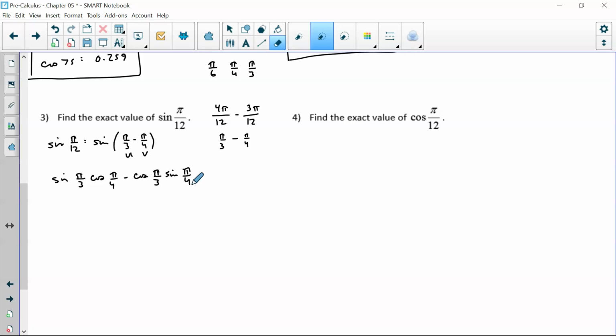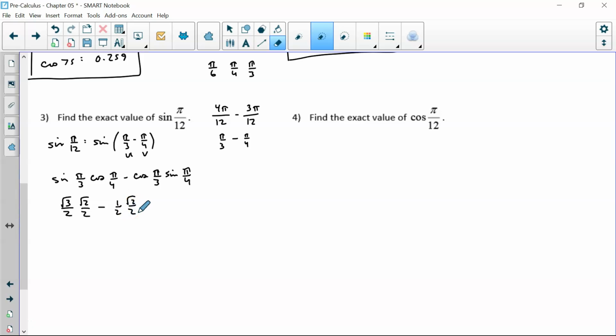Now the sine of pi over 3, that's root 3 over 2. The cosine of pi over 4 is root 2 over 2. The cosine of pi over 3, 1/2. And the sine of pi over 4 is root 2 over 2.